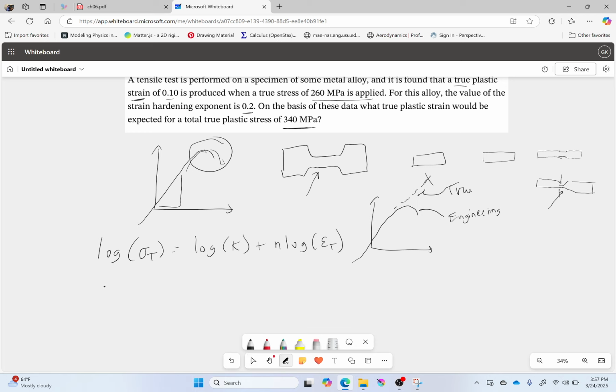And then we also have another one for true strain. True strain is equal to my true stress over K, to the 1 over N. Perfect. This is the same equation, I just rearranged it a little bit.